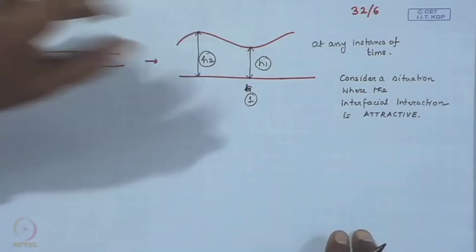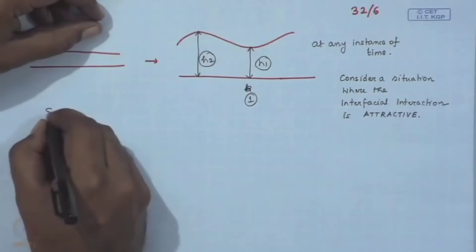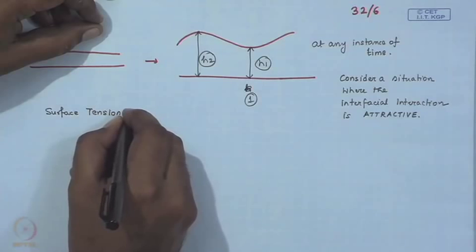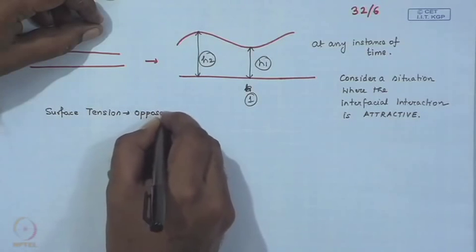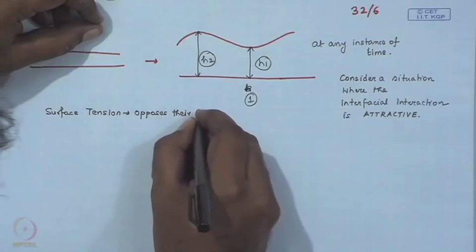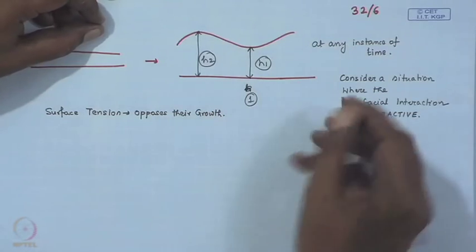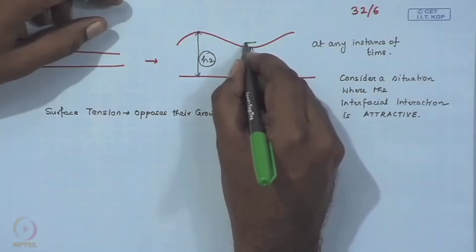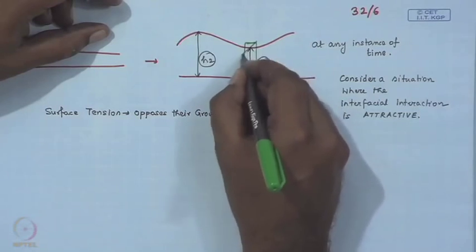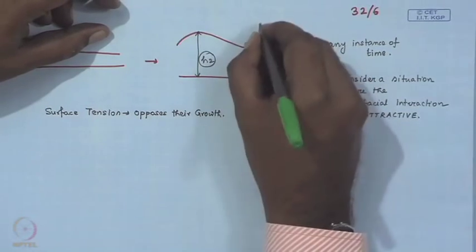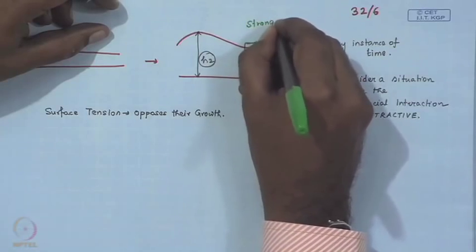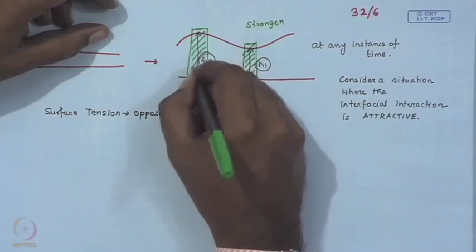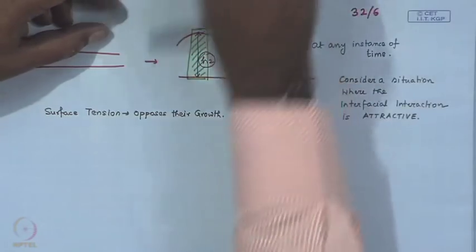You have these fluctuations at any given instance of time. So, surface tension as usual opposes their growth. However, you need to understand that the magnitude of the interaction is stronger at this location as compared to this, which was also the case in the previous case where we had a repulsive interaction.